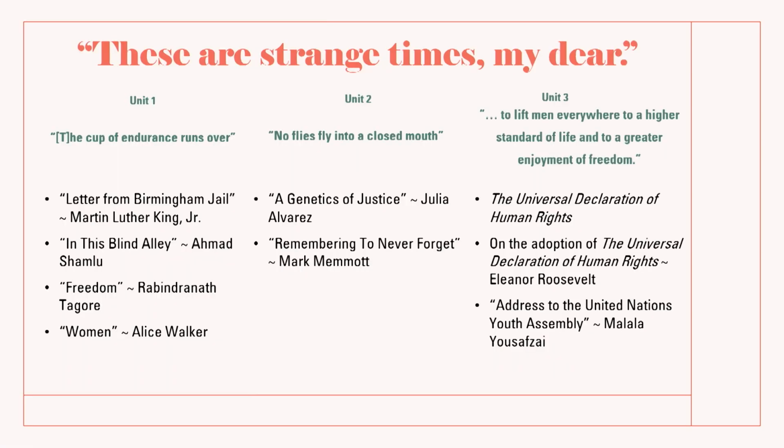Here you will see each of those units, the title for the unit, as well as the text that we will be reading to accompany those units. So make sure that you will have access to all of these texts. Most of them will be linked in the comment section or in the description.